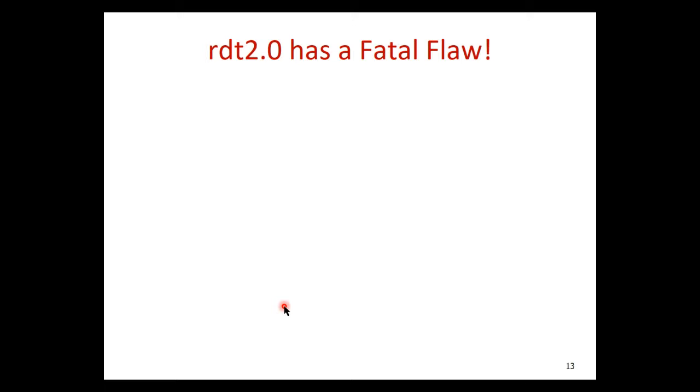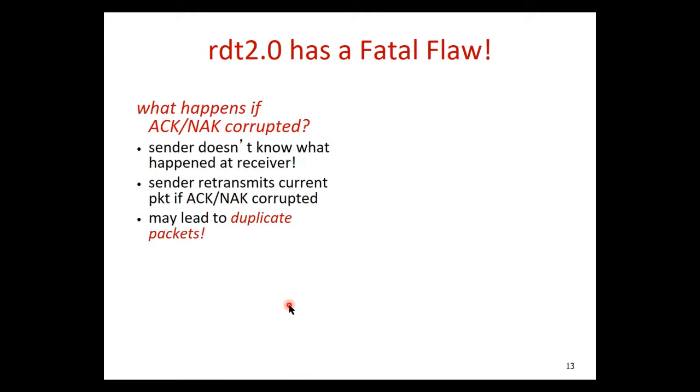Okay, now too good to be true. No free lunch in life. rdt 2.0 has a fatal flaw. The problem here is the feedback, which is positive ACK or negative ACK, can also be corrupted. Okay, because we have bit errors in the channel.